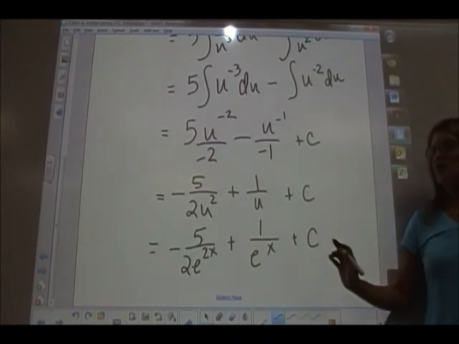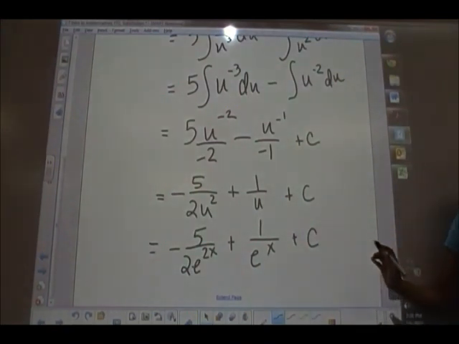William, it looks like your eureka moment turned out to work pretty well. Would that be messier if u was 5 minus e to the x? Back at the beginning, you suggested getting rid of the constant that way. Yeah, hold on, let me make sure everybody understands where I got here, and I'll go back and look.